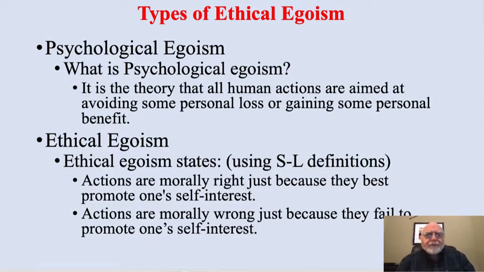Psychological egoism is the theory of all human actions that are aimed at avoiding some personal loss or gaining some personal benefit. This is an explanation of actions. It tells you why people act, and the psychology is they're doing it for a personal gain or avoiding a personal loss.